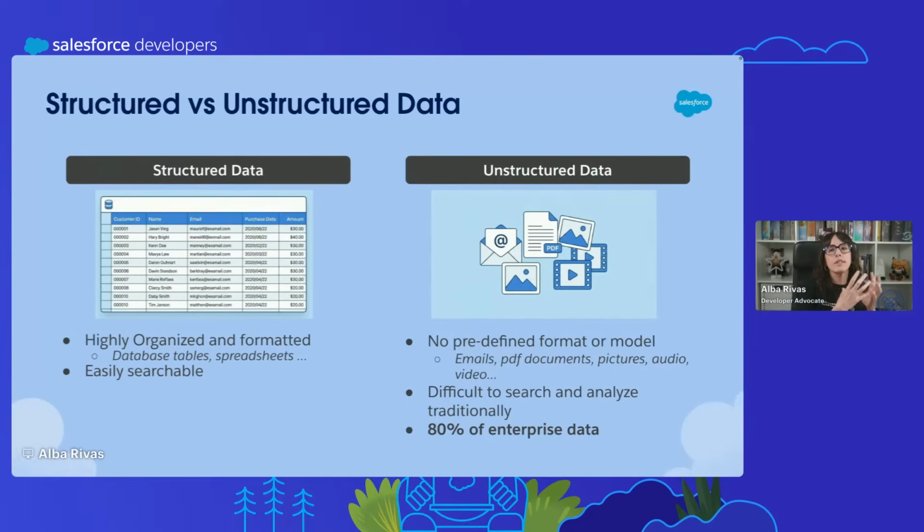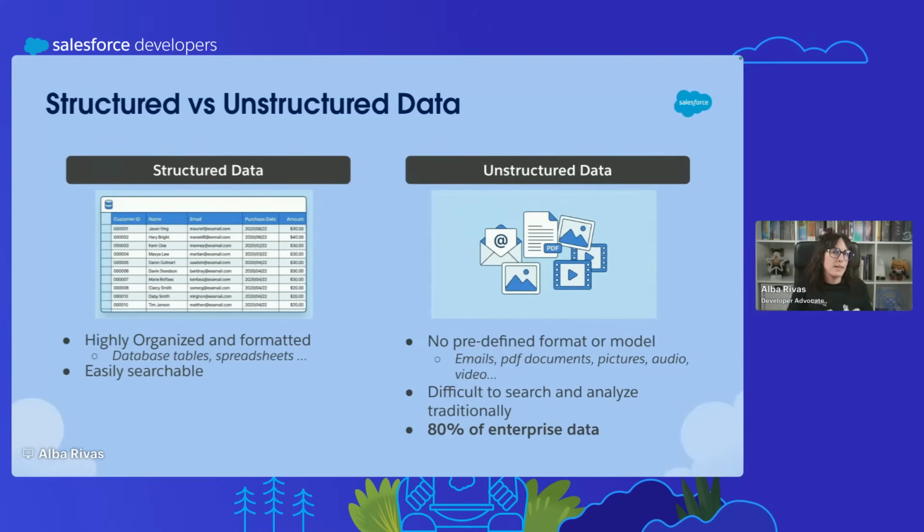Unstructured data is the type of data that doesn't have a predefined format or model. Typically images, audio files, video files, but also emails, for instance. As you can imagine, this type of data is much more difficult to search, especially traditionally, right? With AI, things have changed quite a lot.